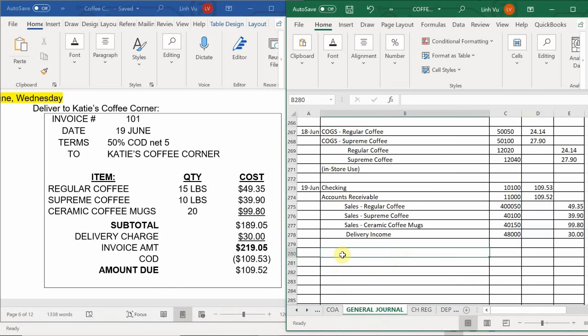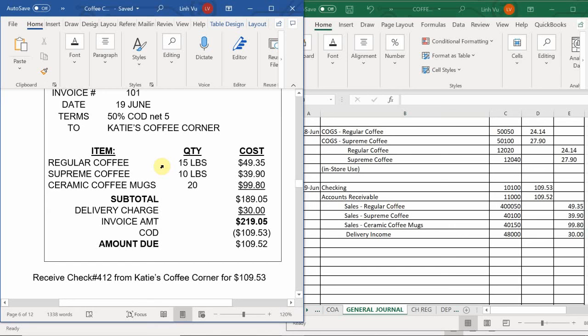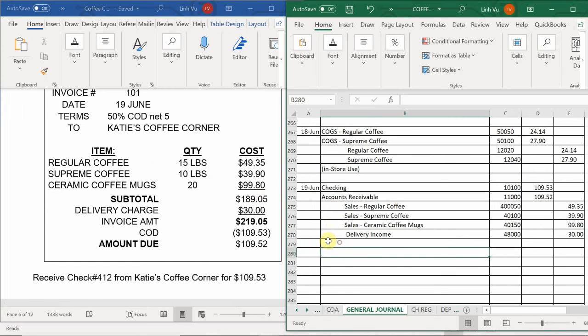So then what's my note going to be? I put Katie's Coffee Corner invoice 101 check number 412. I'm going to add a little to that.